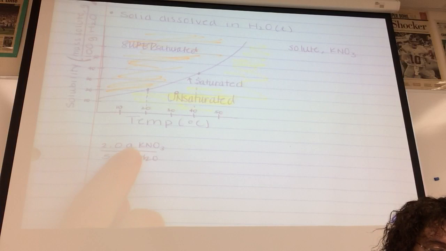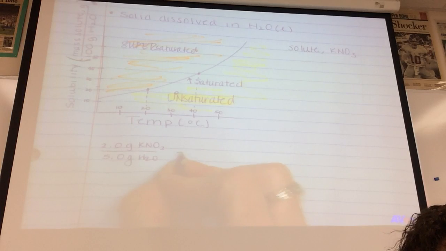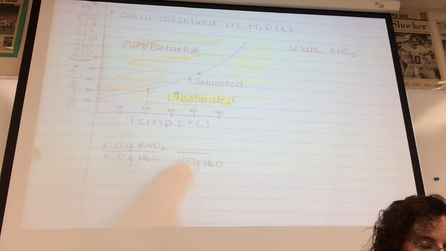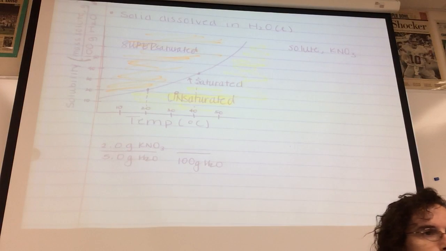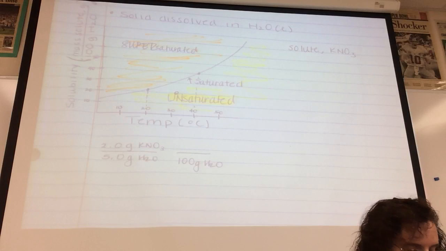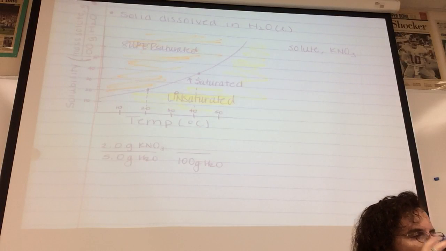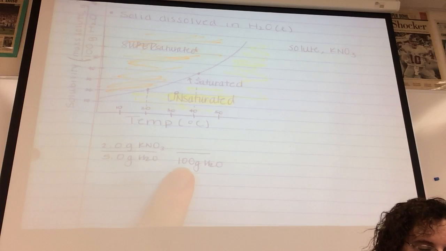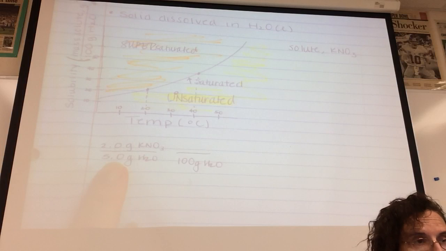So if you did 2 grams per 5 grams, and you wanted to know how much potassium nitrate per 100 grams, what would you multiply the 2 by? Not 100. 5 goes into 100 how many times? I'm just really confused. Oh, I thought you were cross multiplying. Never mind. Well, you could, actually.